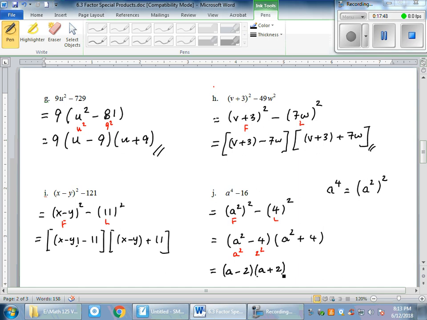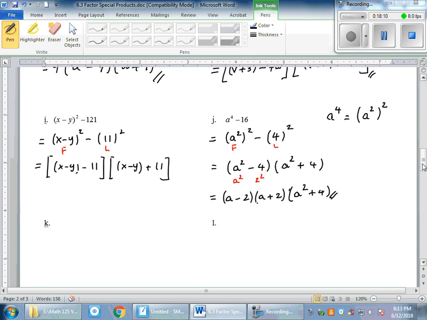And then you need to remember to bring down the other factor, which is a squared plus 4, a sum of two squares, a prime factor you cannot factor. This will be my final answer in this case.